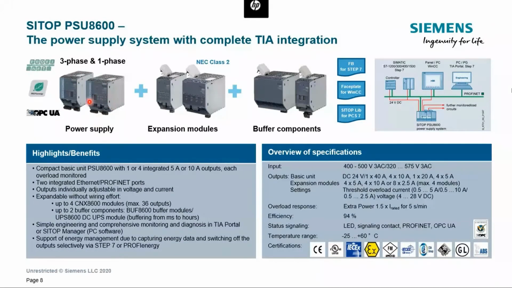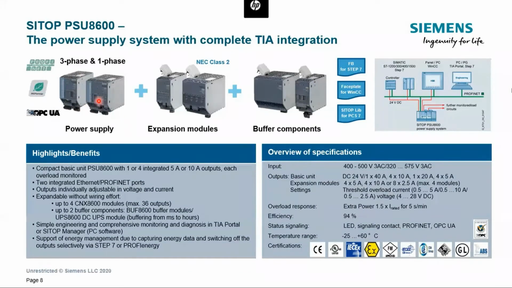The main part is this power supply, which accepts the AC line and converts the power into 24 volt. We have 3-phase and single-phase versions of it, and it always comes with 2 Ethernet ports, which support Profinet and OPC UA. They also support the Profienergy profile over Profinet.